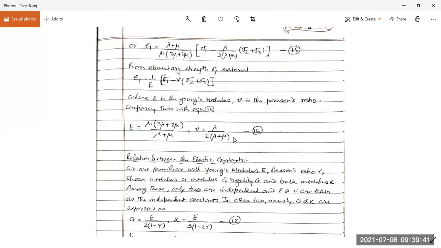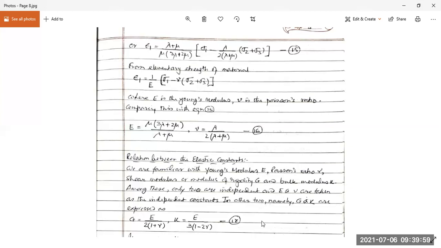So we have got a relation between the Young's modulus and Lame's constants lambda and mu, and Poisson's ratio with Lame's constants lambda and mu.